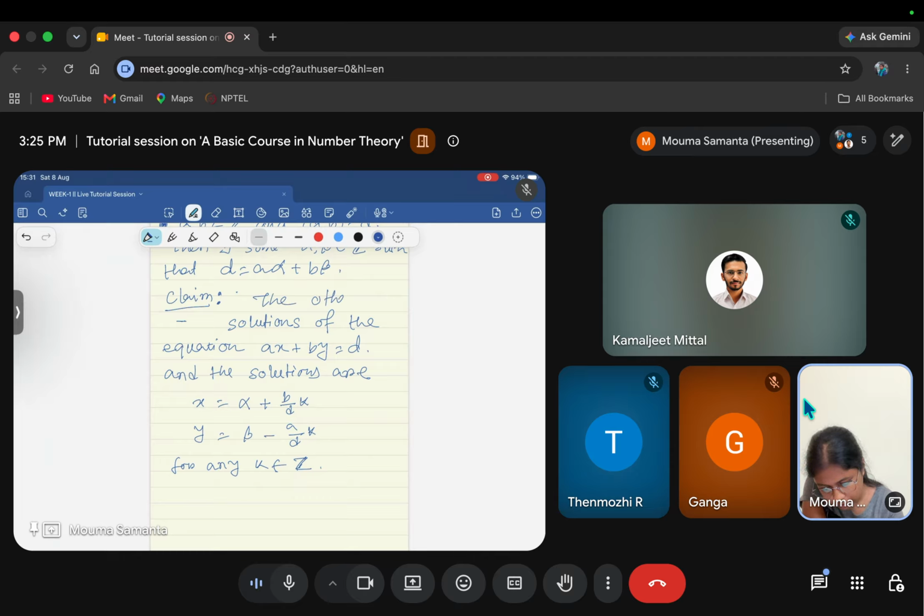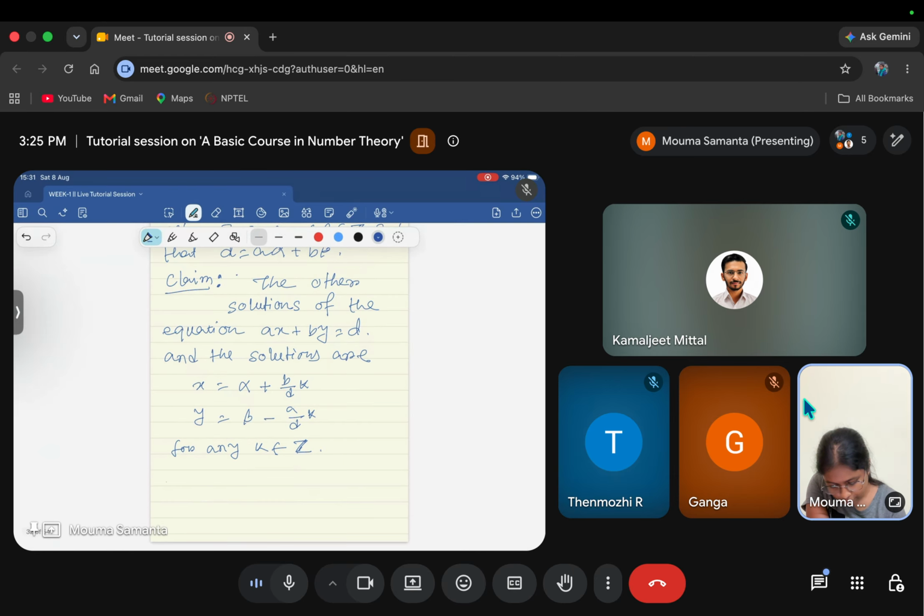We will show these are the other solutions of the equation. Okay, let's try to prove it.